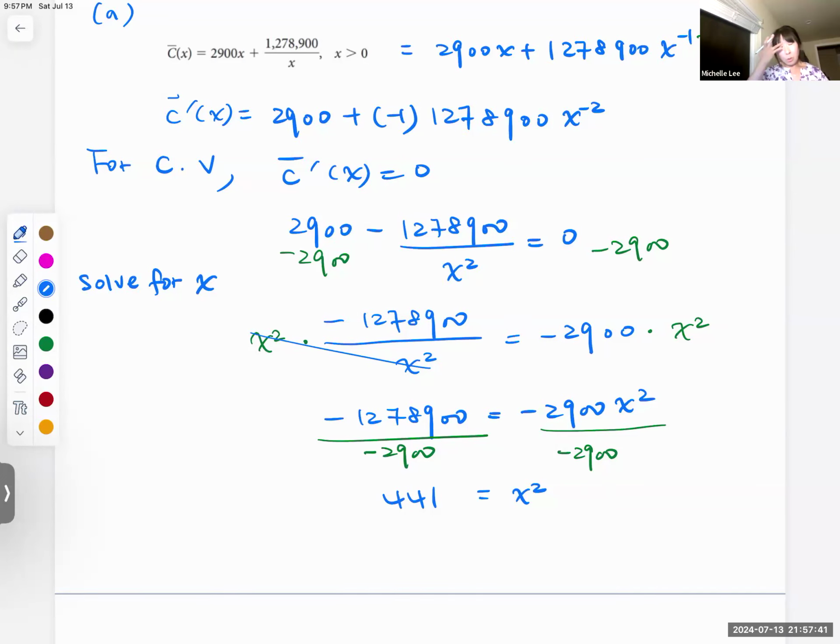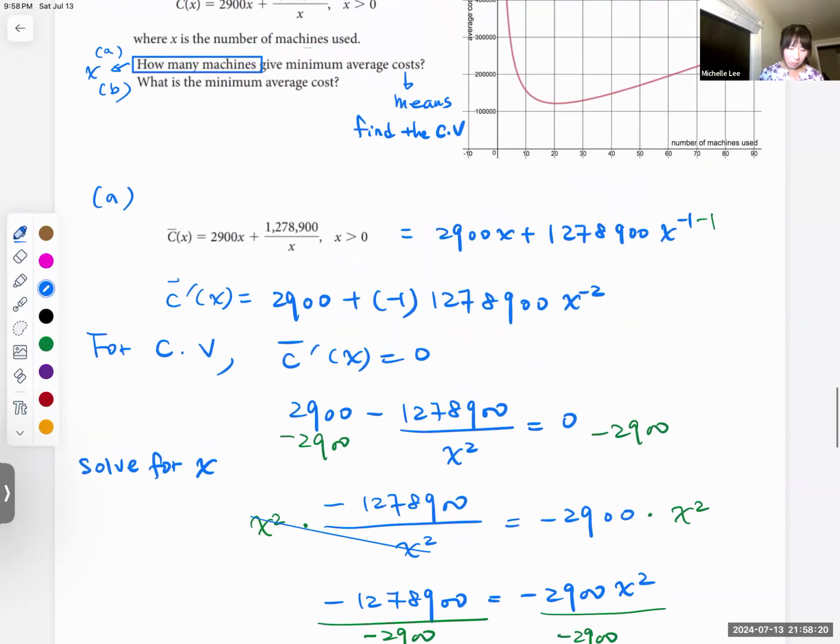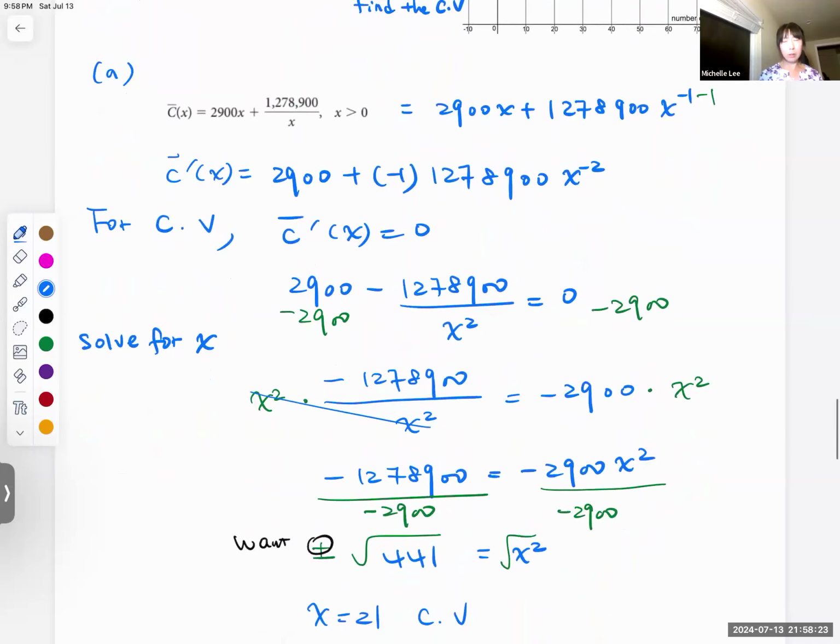So we take the square root of both sides. Then the other side is plus or minus. But we are talking about machines. We cannot have a negative machine, right? So we take only the positive. So that will be X equal to positive 21. That's the critical value. That is how many? 21 machines, right?